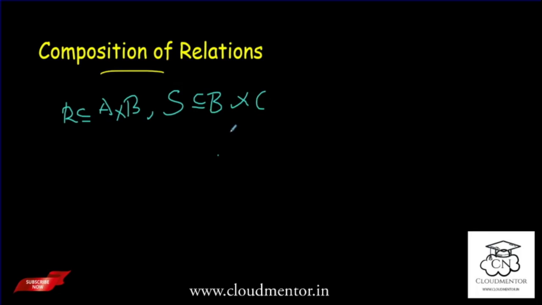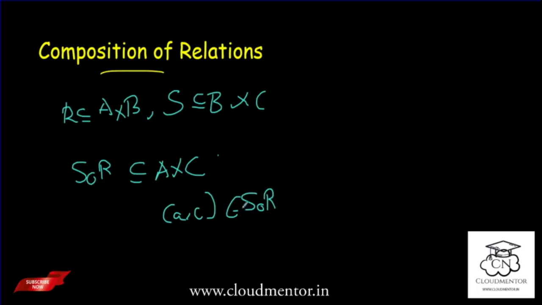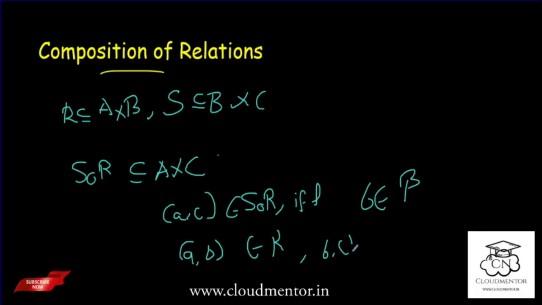Then the composition of relations R and S, denoted by S∘R, is a subset of A cross C, and is defined by: an ordered pair (a, c) is an element of S∘R if and only if there exists b, an element of B, such that (a, b) is an element of R and (b, c) is an element of S.